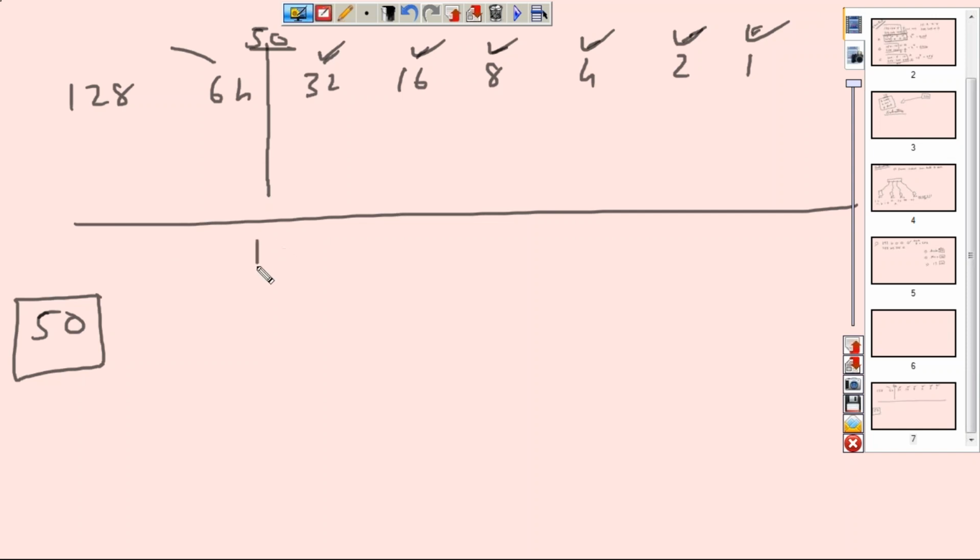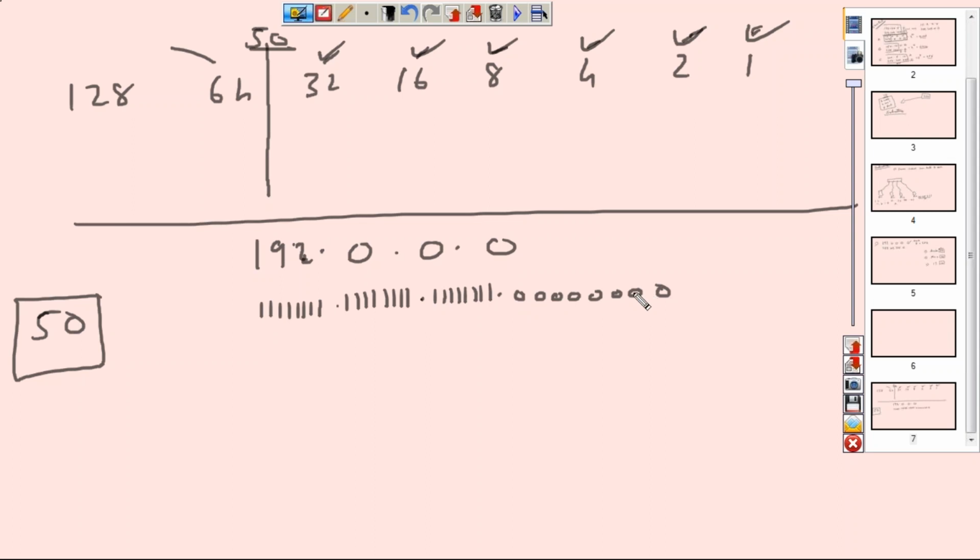All right. So now let's take down our 192.0.0.0. That's my original subnet, right? And if I write my mask, 8 ones, 8 ones, 8 ones, 8 ones. Isn't that what we had?